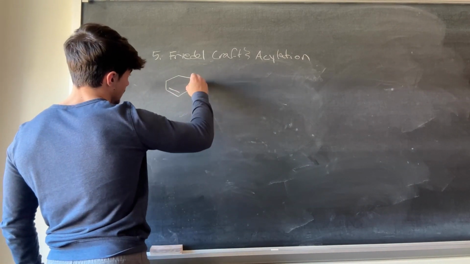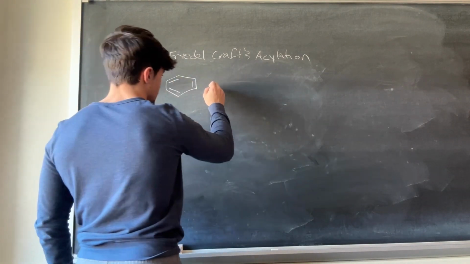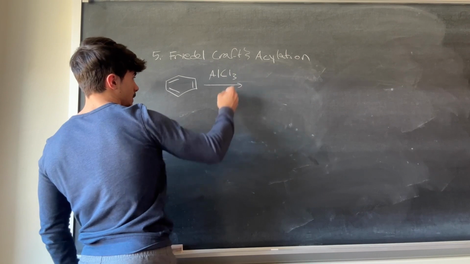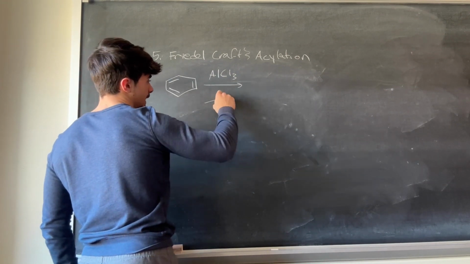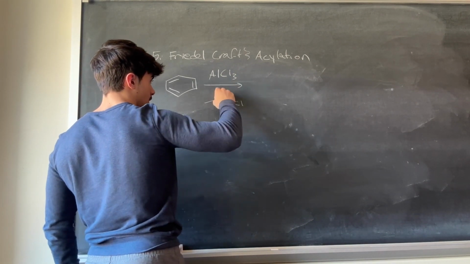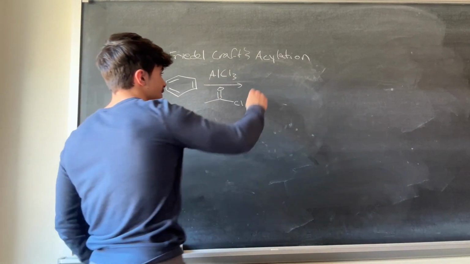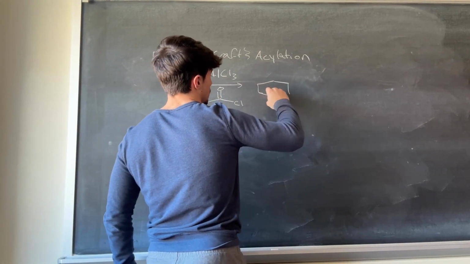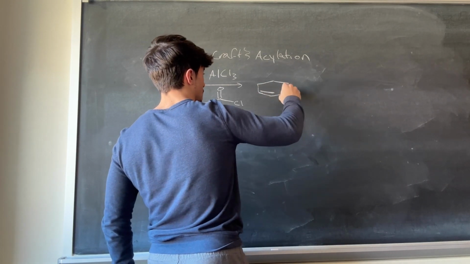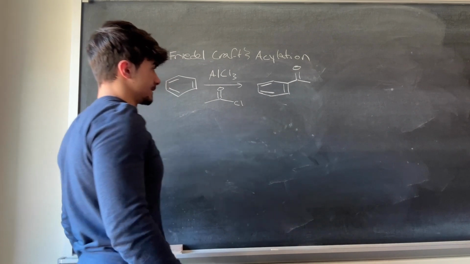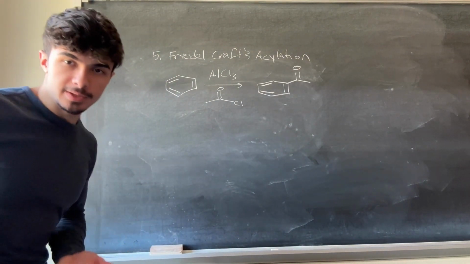So this is an electrophilic aromatic substitution reaction. In this example, I'm going to use benzene. We're going to add the benzene with an acid chloride, and this is going to create this. Now, how do we get there?